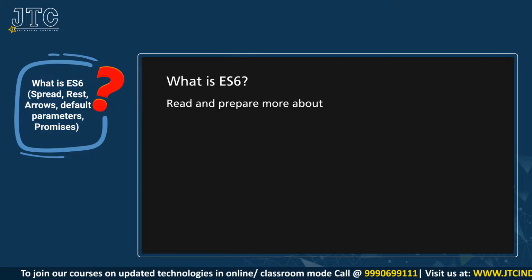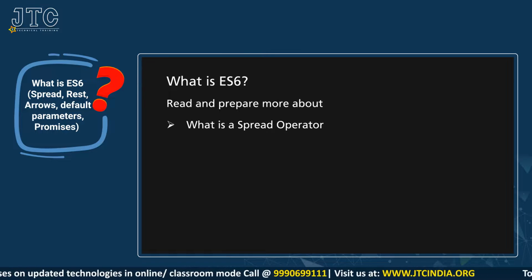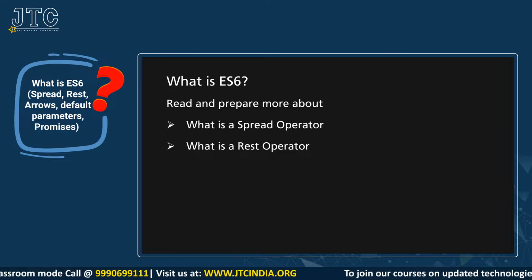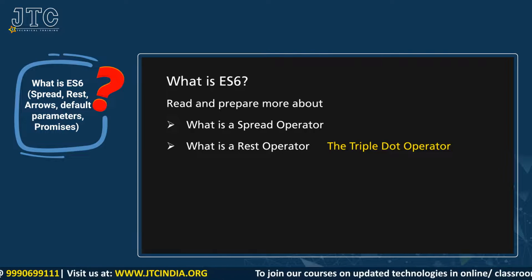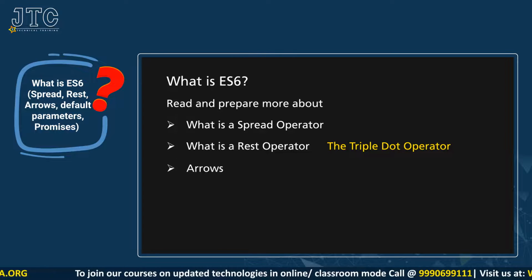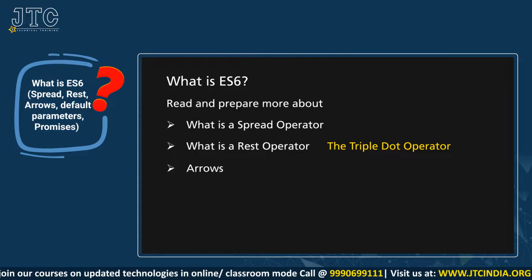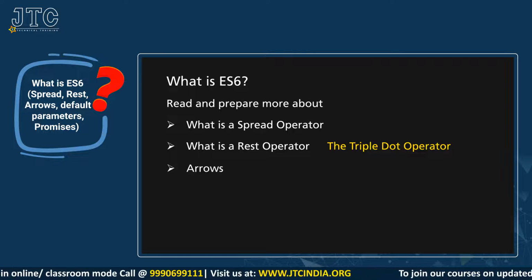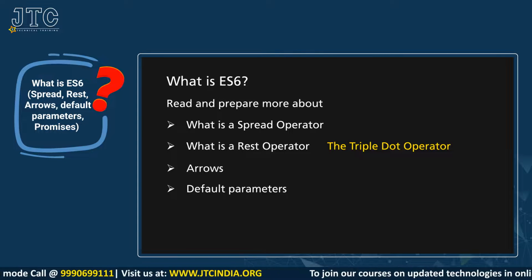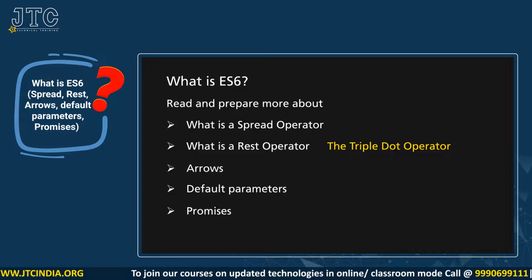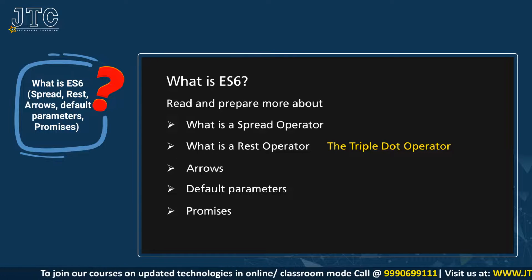We talked about the spread and rest operators, the triple dot operator. We talked about arrows, so you can read more about arrows. Then there's more functionality like default parameters. Then we talked about promises.